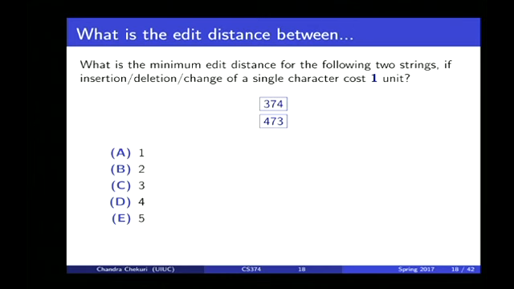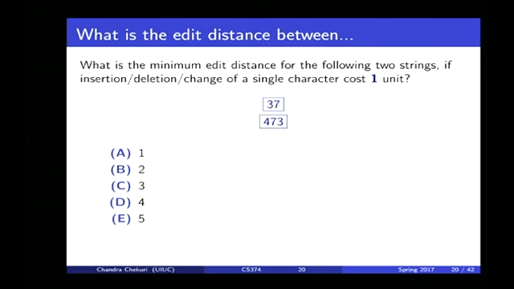What about this? 1. Okay. What about that? Assume that all of them are 1 unit. It's 2.